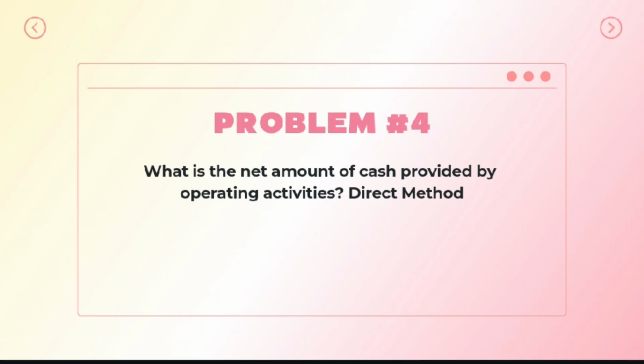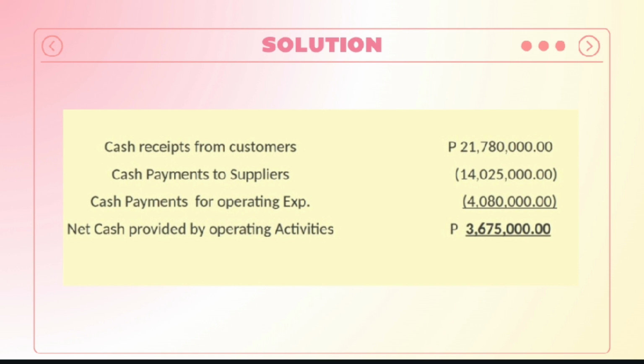Problem number 4. What is the net amount of cash provided by operating activities, direct method? The net amount of cash provided by operating activities using the direct method is calculated as the difference between cash receipts from customers, cash payments to suppliers, and cash payments for operating expenses.